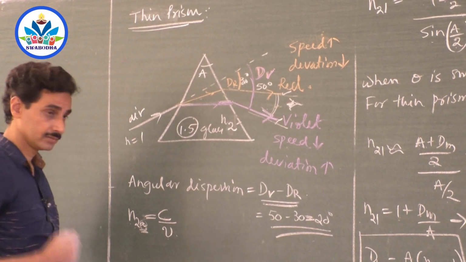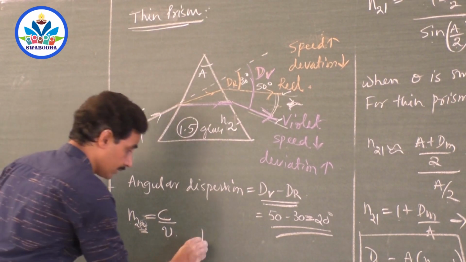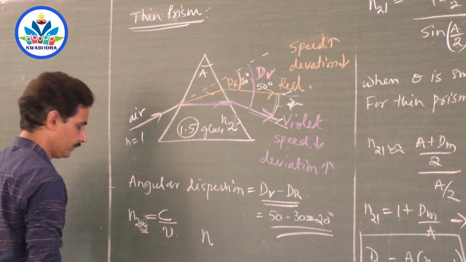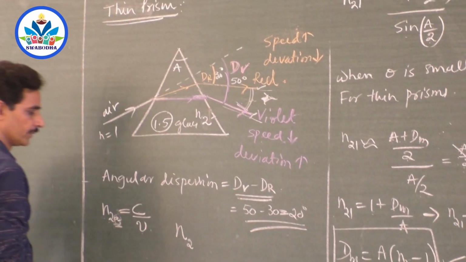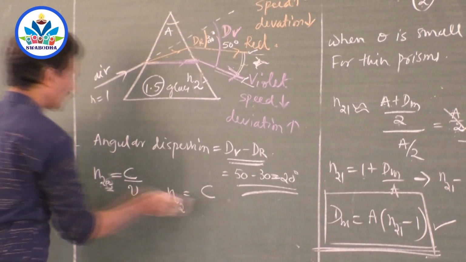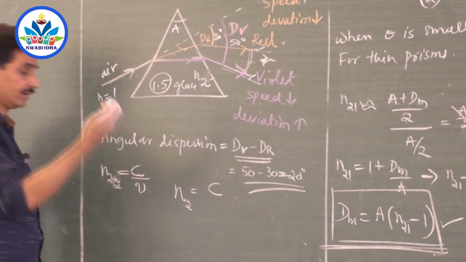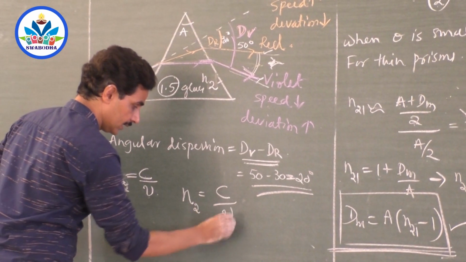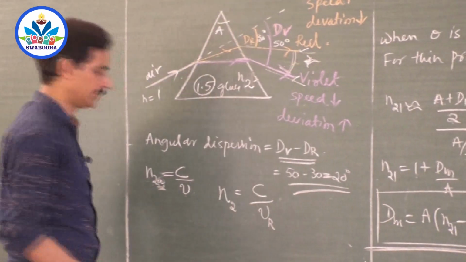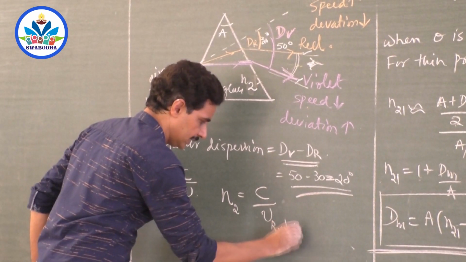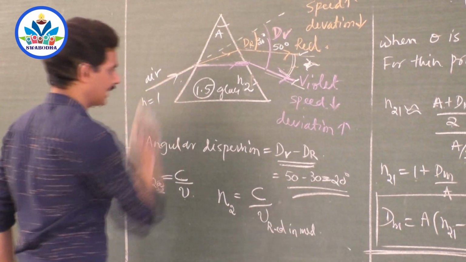If you ask red color, it will say, sir, refractive index of that medium, say second medium, is my velocity in air divided by my velocity in the medium, velocity of red in the medium. Say glass.